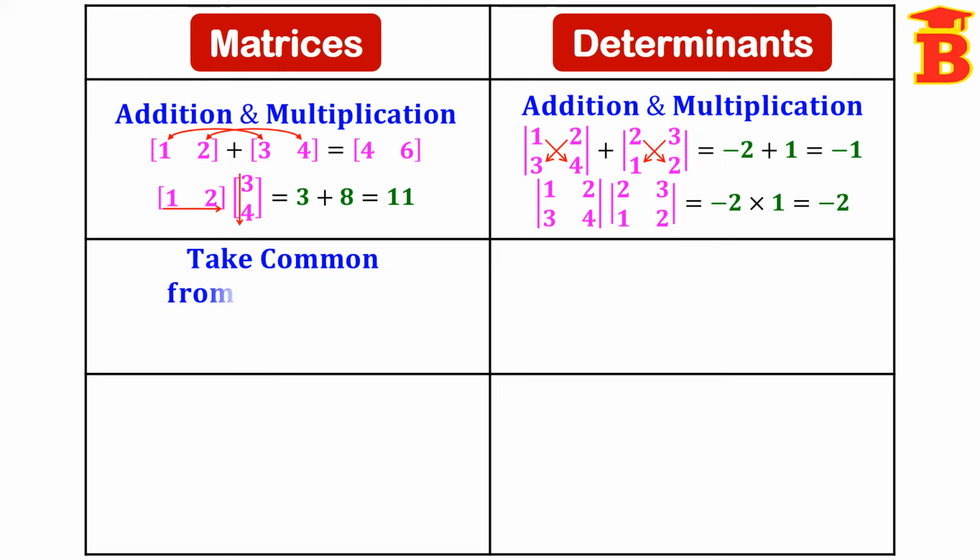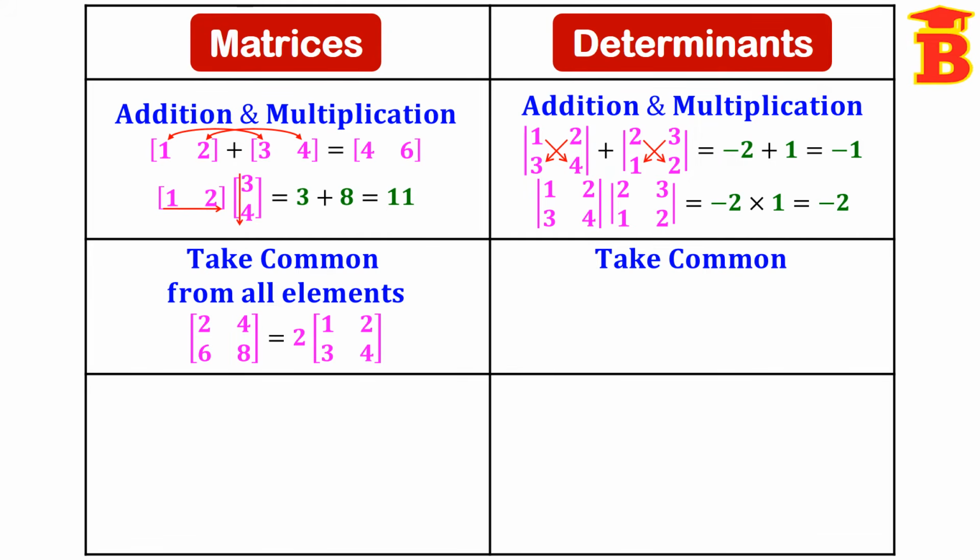Next, we have to take common from all the elements. For example, consider this matrix 2, 4, 6, 8. Here we can observe that 2 is common in all the elements. So we can take 2 common from all the numbers. After taking 2 common, we have 1, 2, 3, 4. Whereas in determinant, we have to take common from any one row or one column only. For example, take this determinant 1, 2, 3, 4.